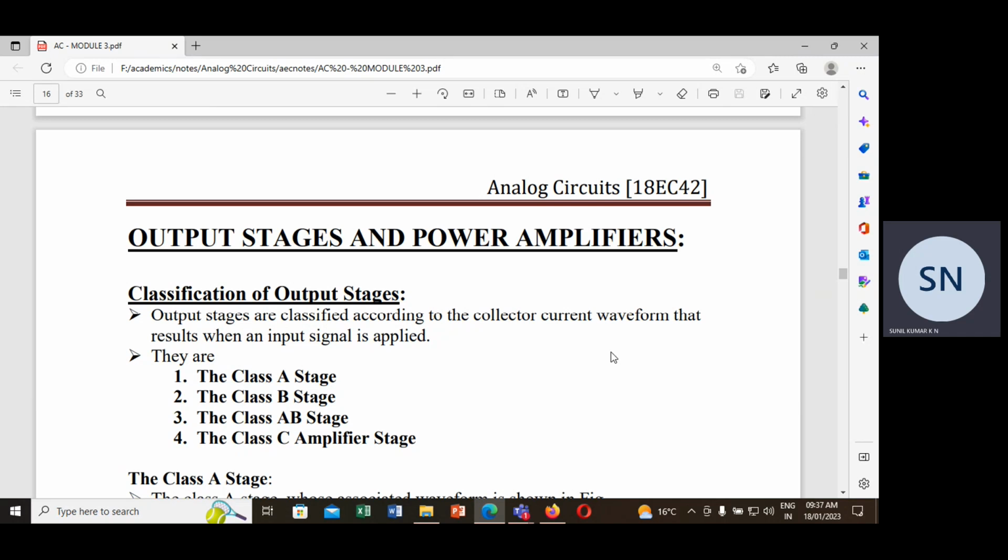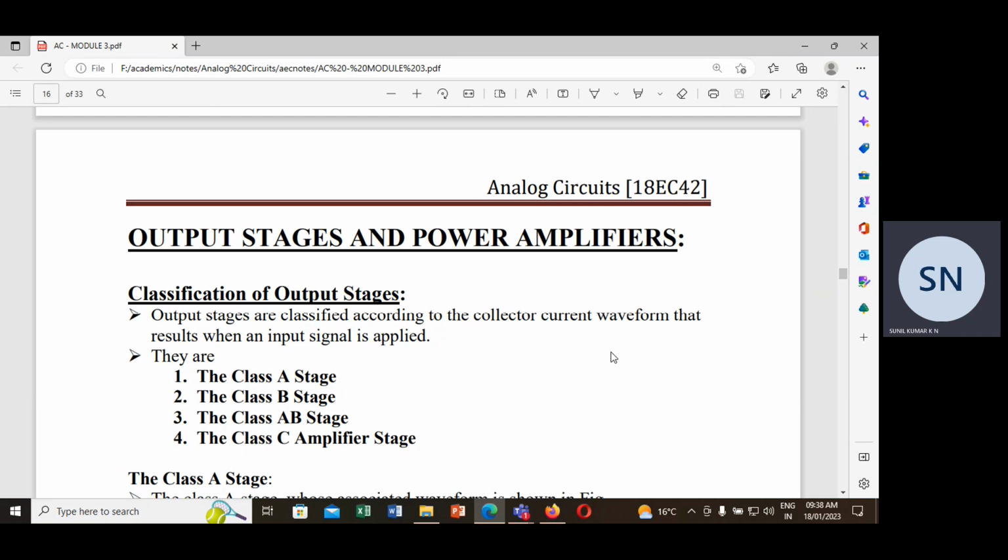the op amp, so you understand what an op amp is. If you consider the operational amplifier, it will have an input stage, intermediate stages, and finally the output stage.